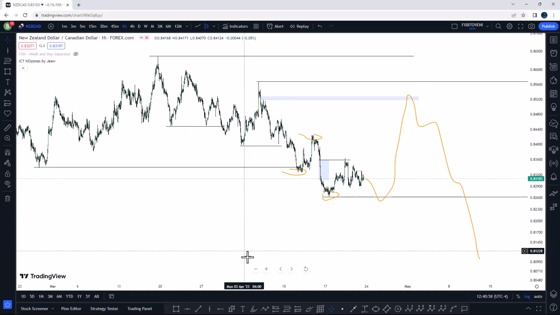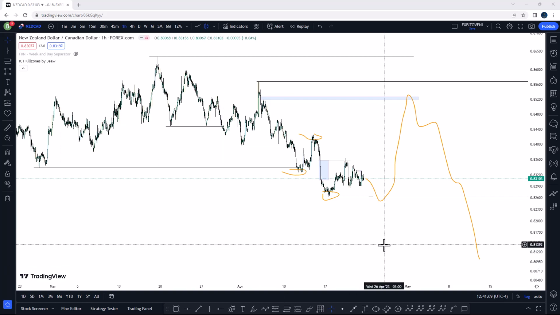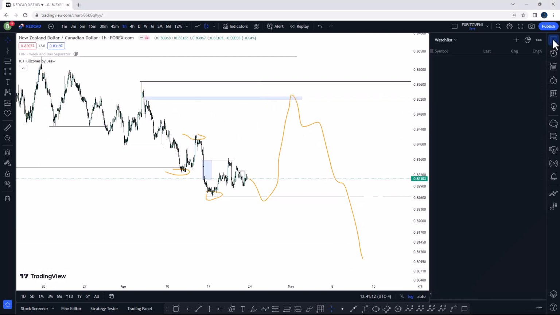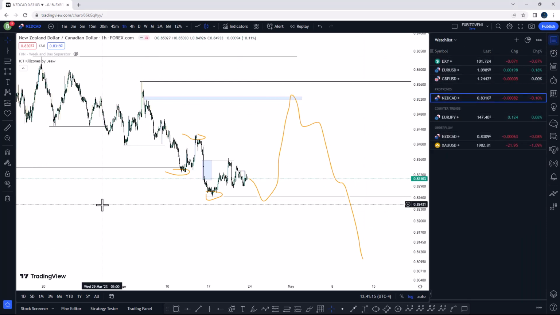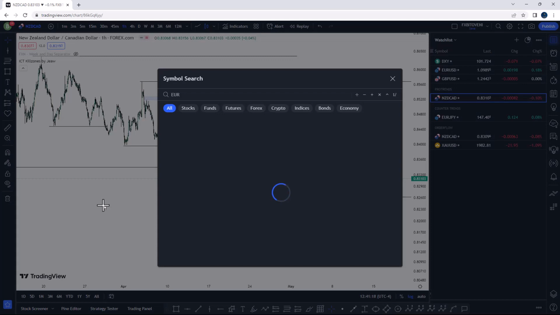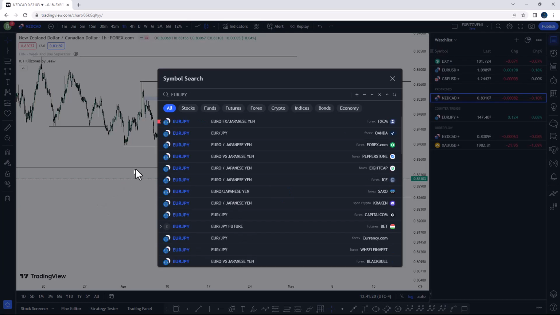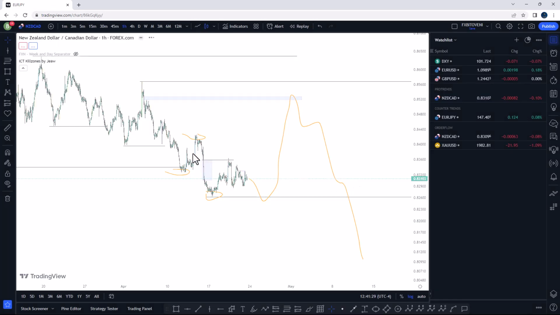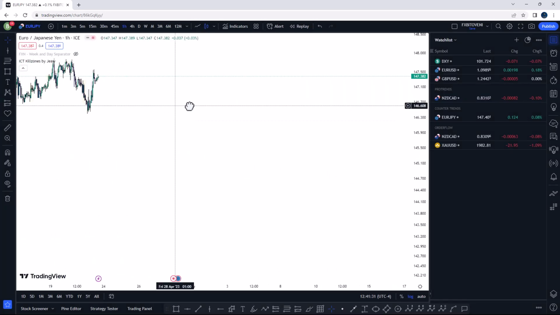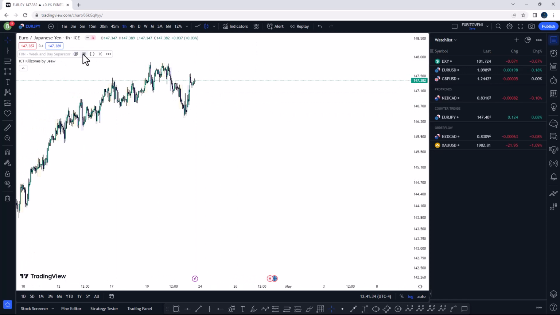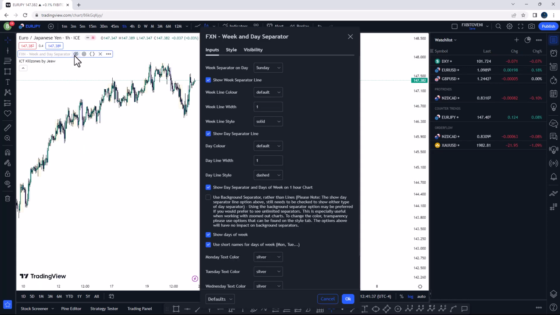So going to EURJPY. Let's go to EURJPY. So EURJPY, you can go to, again, same broker, ICE data, and then load the chart there, and then try to think.